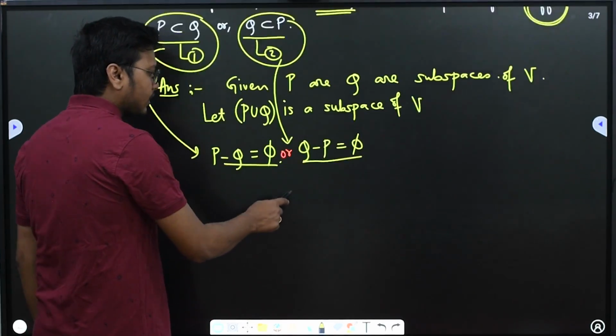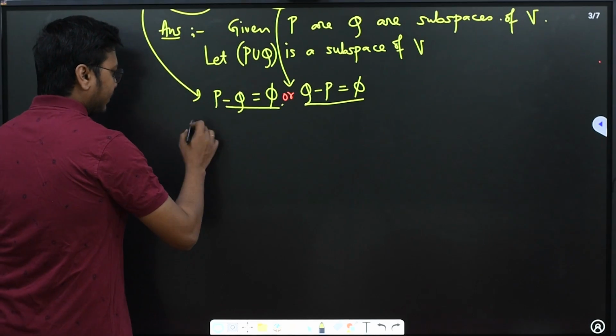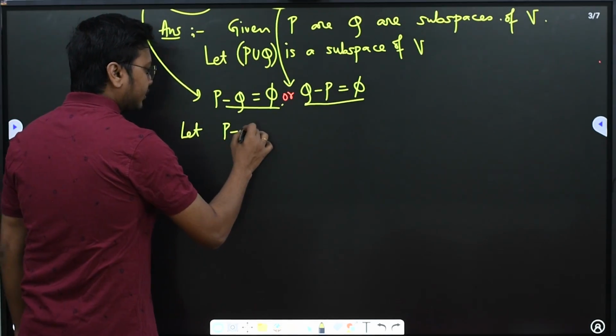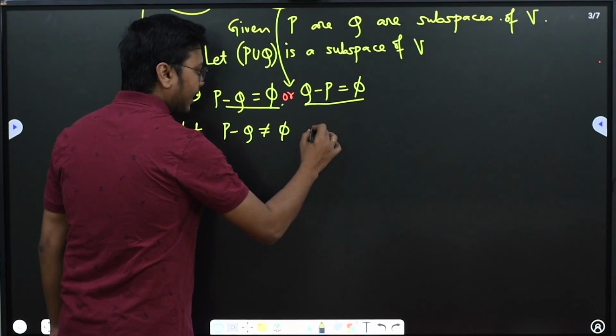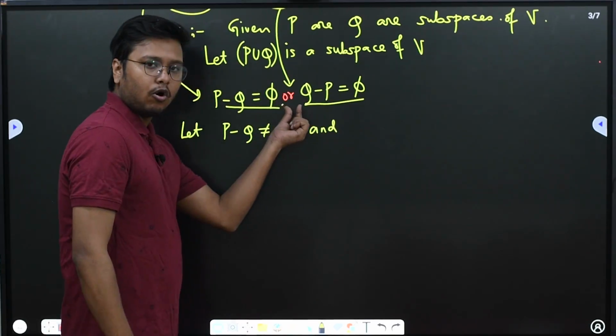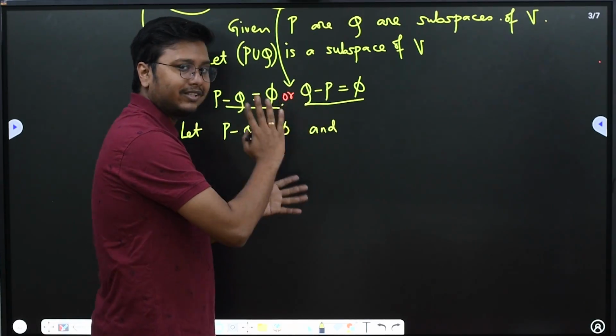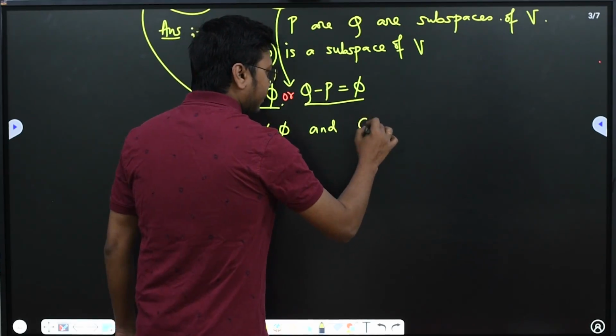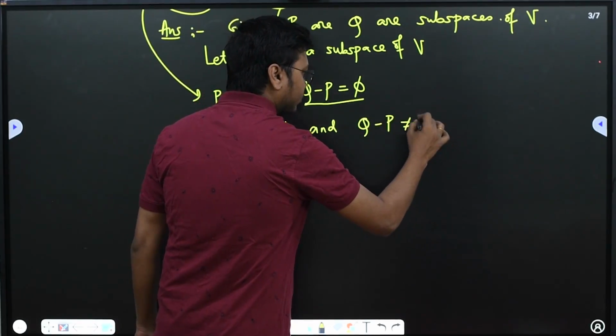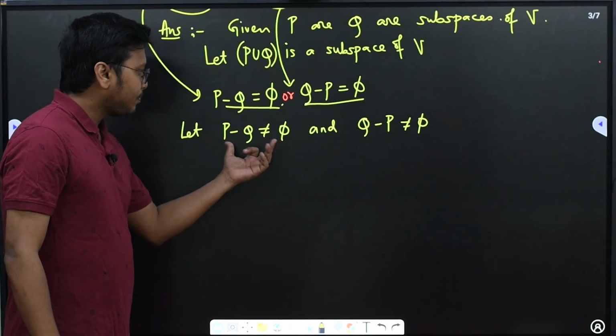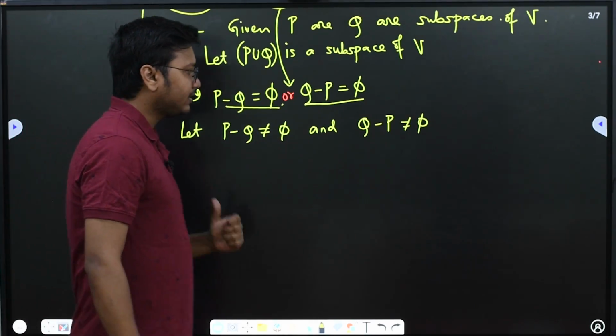Okay. So let me assume that p minus q is not equal to phi, and so the opposite of "or" would become "and", that means both things will be happening now, and q minus p is not equal to phi. Okay. So p minus q not equal to phi, what does this mean?